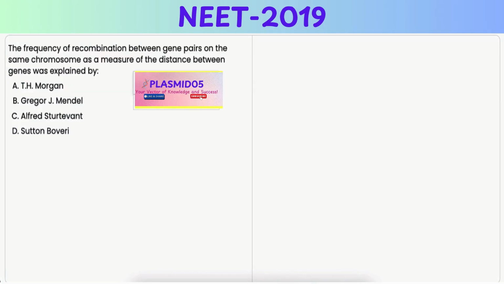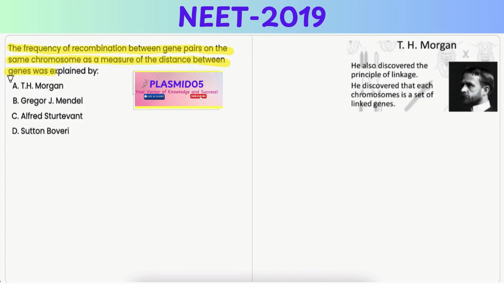In this question, you have to identify the scientist who explained or stated that the frequency of recombination between gene pairs on the same chromosome is a measure of the distance between genes. Option A, T.H. Morgan. It is incorrect.